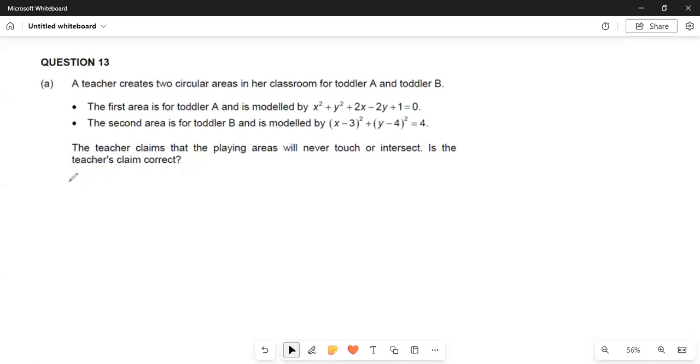we are saying that if the distance of the centers is greater than the combination of the radii of the two circles, then there is no interaction.